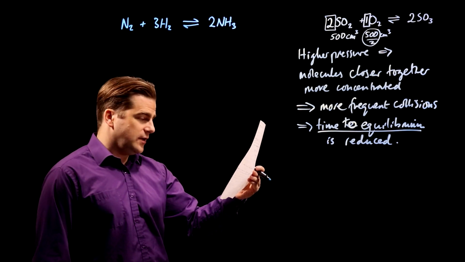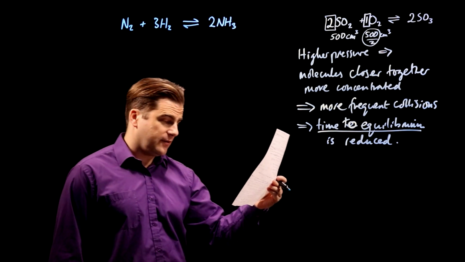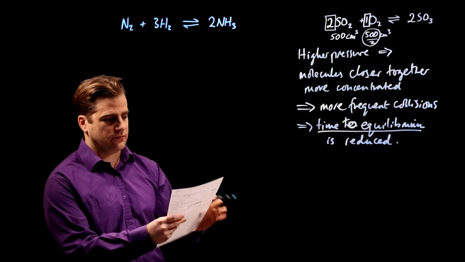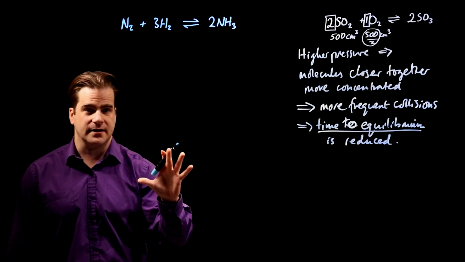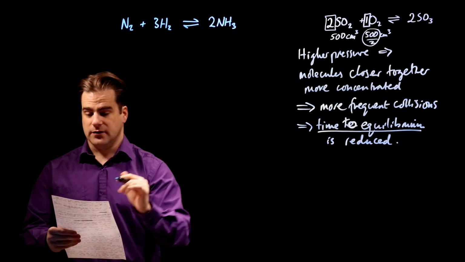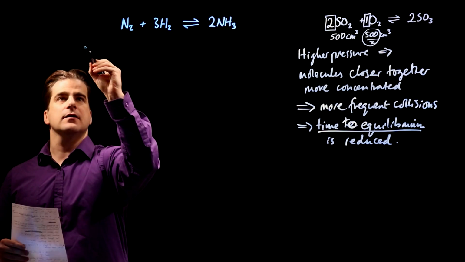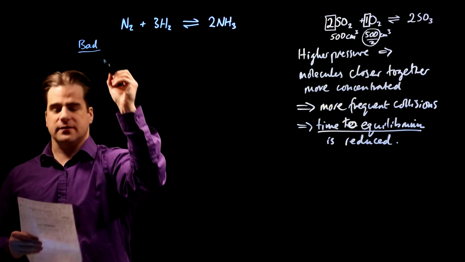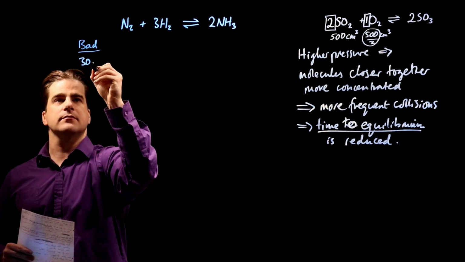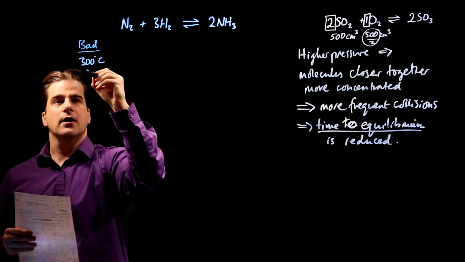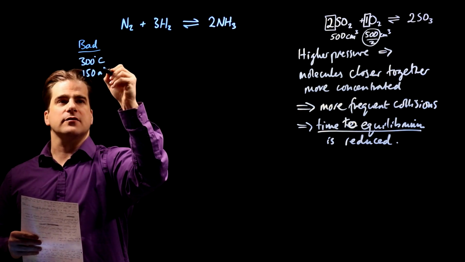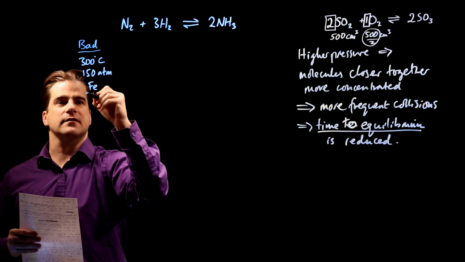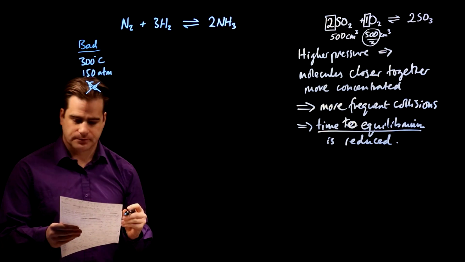Explain why the conditions used in the Haber process are better than the first set of conditions for the manufacture of ammonia. 6 marks. Right. So what they're telling us is this, okay? The bad conditions that they first listed were 300 degrees C, 150 atmospheres, and no iron catalyst, right?